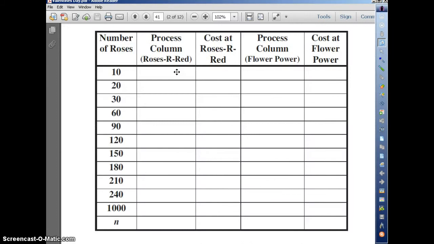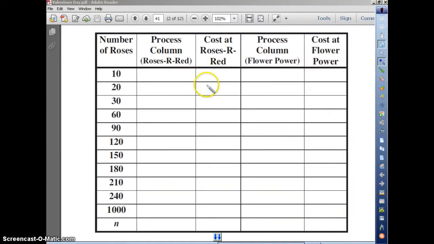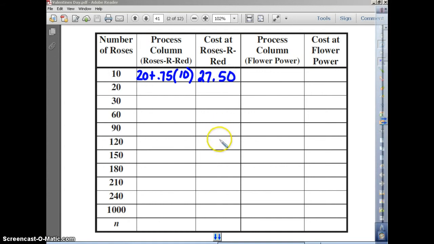So, in your process column, it was a fixed down payment of $20 plus 75 cents per stem for 10 flowers. 75 cents per flower times 10 flowers. Well, if you take 10 and multiply by 0.75, you get $7.50. If you add that onto the 20, you get $27.50.